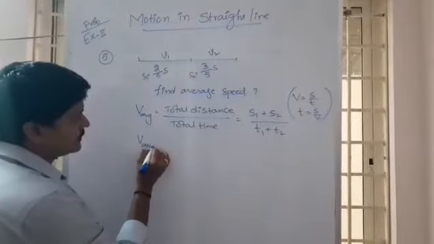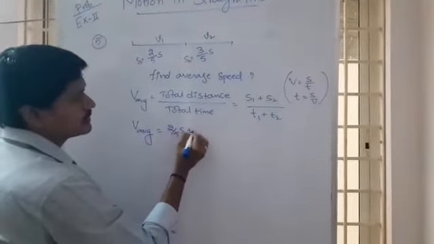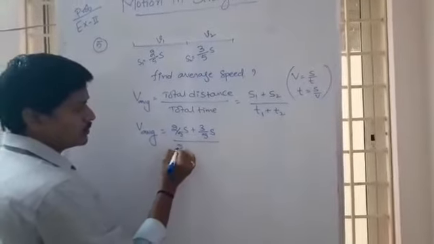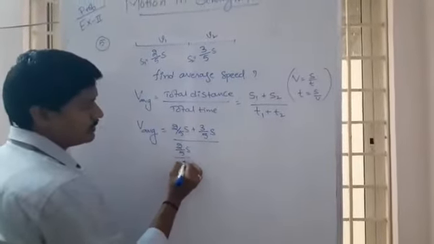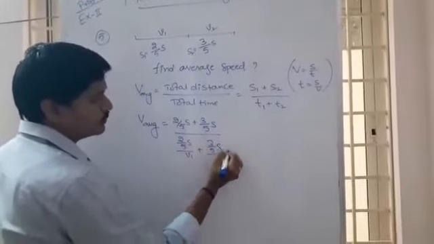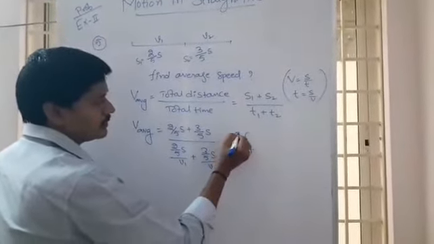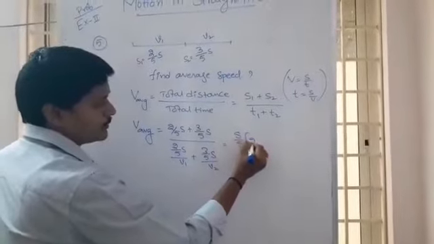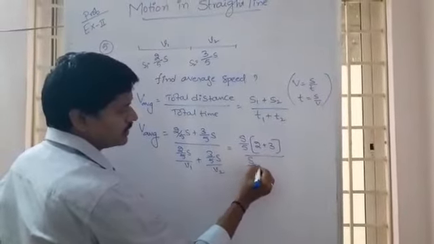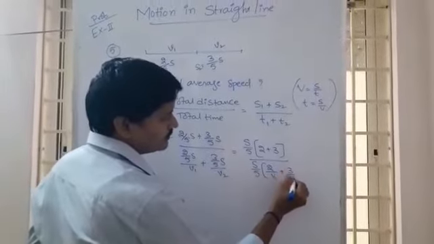So average speed is equal to 2 by 5 of s plus 3 by 5 of s, divided by 2 by 5 of s by v1 plus 3 by 5 of s by v2. Therefore, take s by 5 common. Here you are getting 2 plus 3, divided by s by 5 also taken common, so 2 by v1 plus 3 by v2.